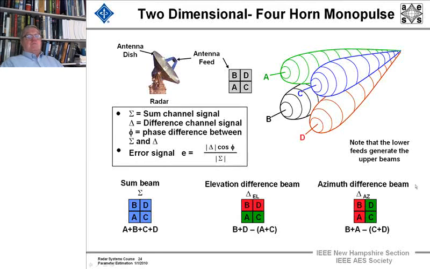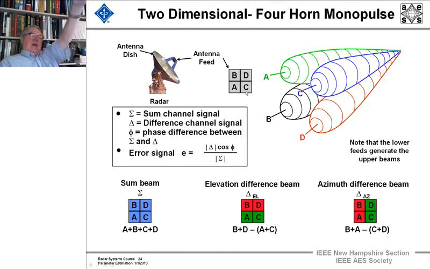And the azimuth difference is A plus B minus C plus D. Now when you look up here, this was the location of the feed as you look at the feed, but notice the A plus C pattern, which is the upper one, is down.